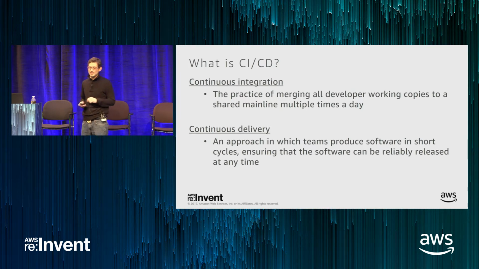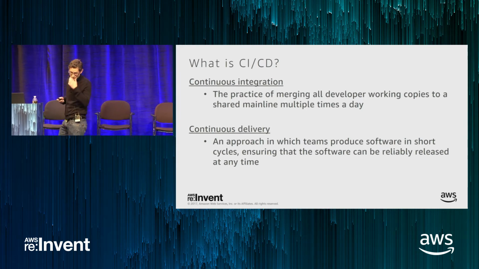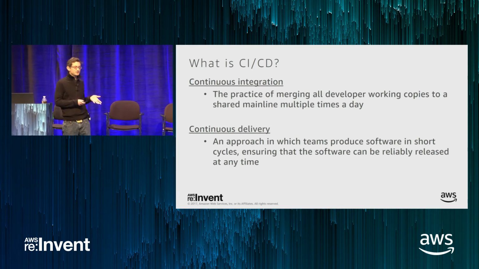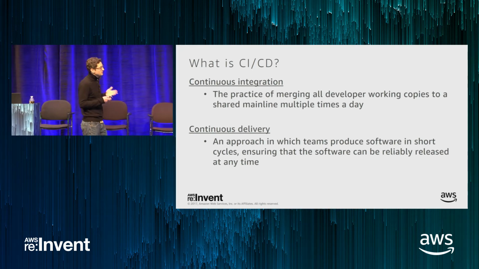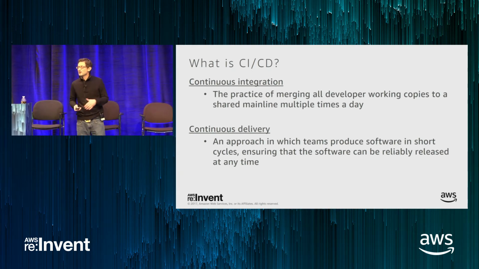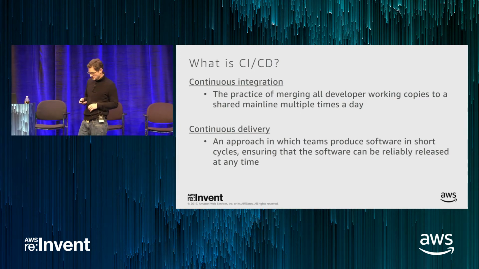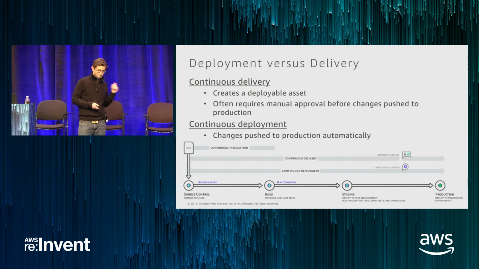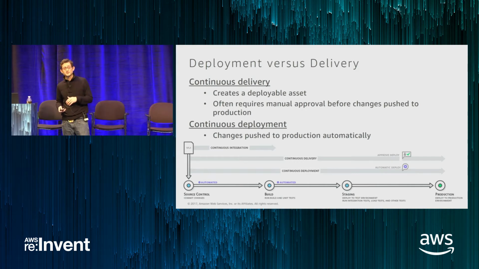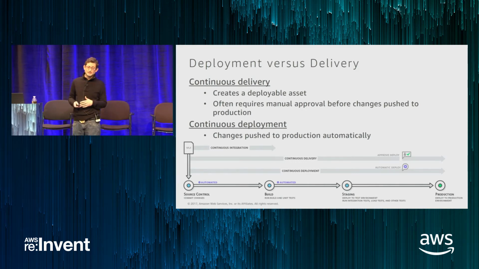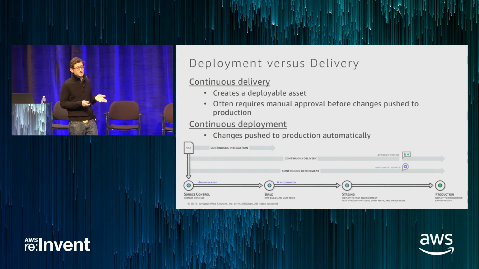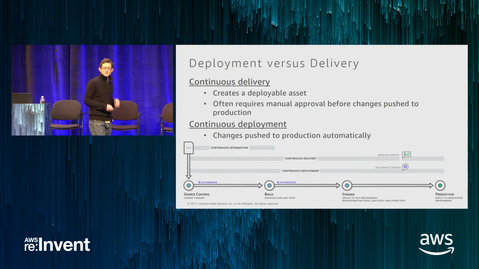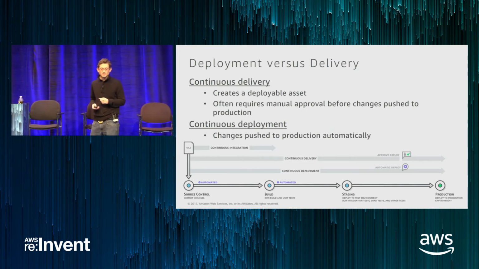Continuous delivery, on the other hand, is an approach that involves creating a deployable asset that can be released to different environments at any time, from test to staging and then on to production. So if continuous delivery involves building a deployable asset that can automatically be deployed to, say, a non-production environment, what's the difference between continuous delivery and continuous deployment?